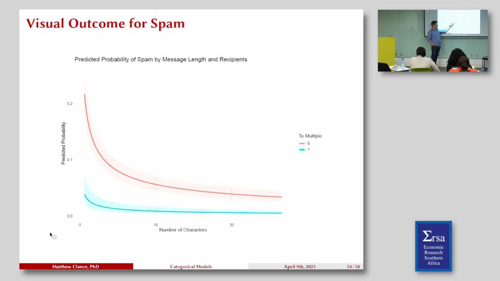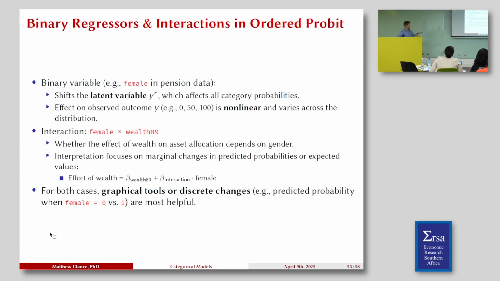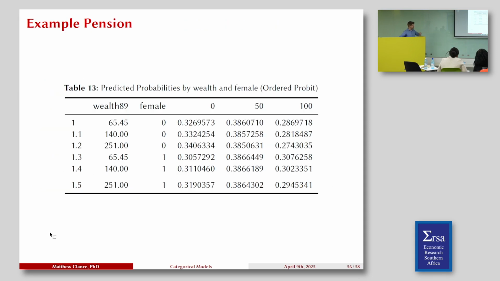It's not going to be like it was before, where it's just a parallel shift. We should see a mostly similar outcome, but we're going to see differences across the different discrete outcomes, in this case of number of characters. In this case, it would be across different levels of wealth. So we should see a dramatic shift, female versus non-female.